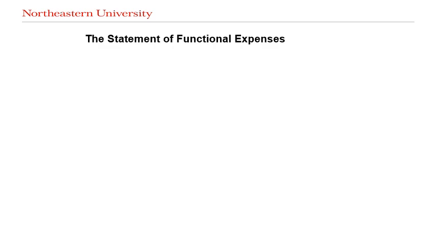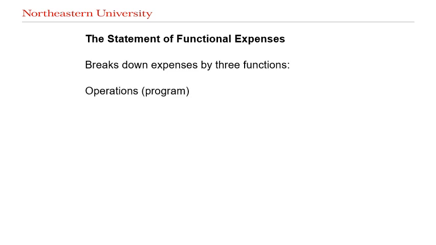And finally, a statement of functional expenses, which will break down just your expenses by the three main functions: operations, program expenses, management, and fundraising. And this will look very much like our discussion of direct expenses, which are operations, and indirect, which are management and fundraising.